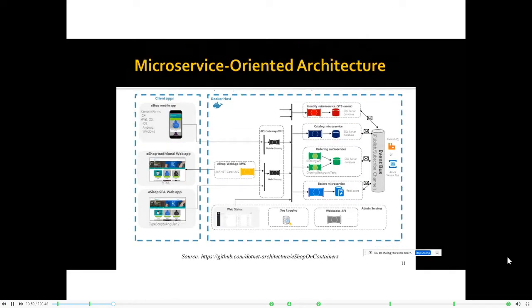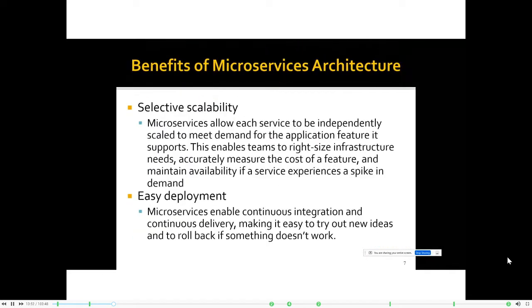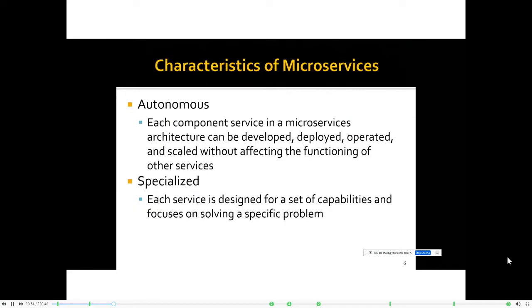Going back to here, these are the characteristics of microservices. First, each microservice is what we call autonomous. Each component in a microservice architecture can be developed, deployed, operated, and scaled without affecting the function of other services.